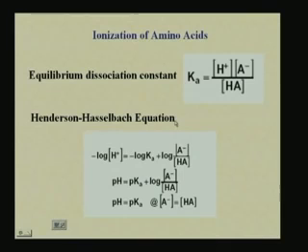Now, you all studied about buffers, where we are looking at what is called the Henderson-Hasselbalch equation. What is that equation? We rearrange the expression and write it in such a manner that we get the H plus on the left hand side, right. And I know that the negative logarithm of the hydrogen ion concentration corresponds to the pH.